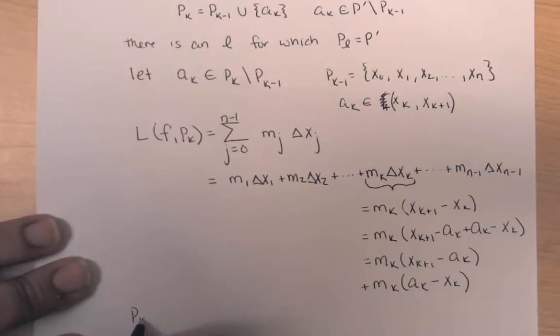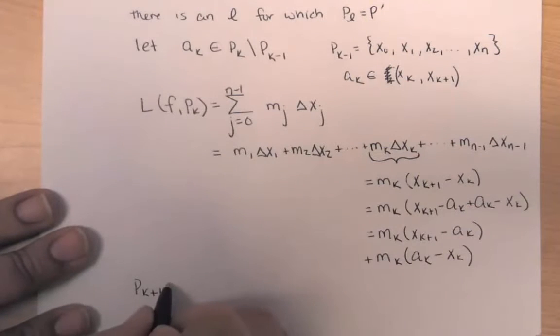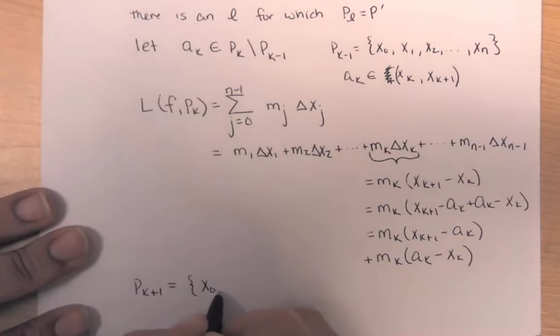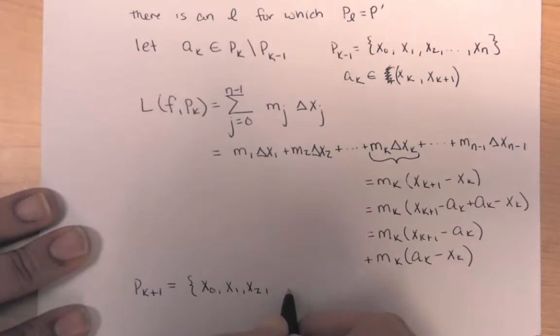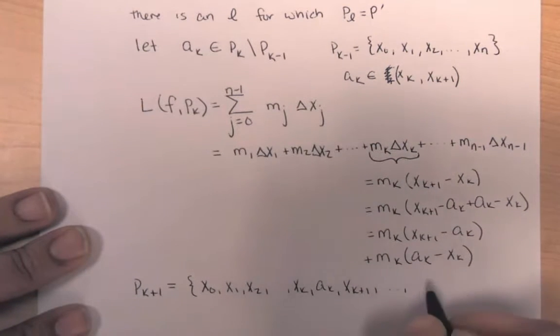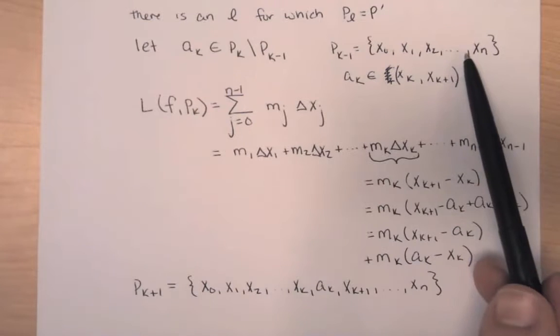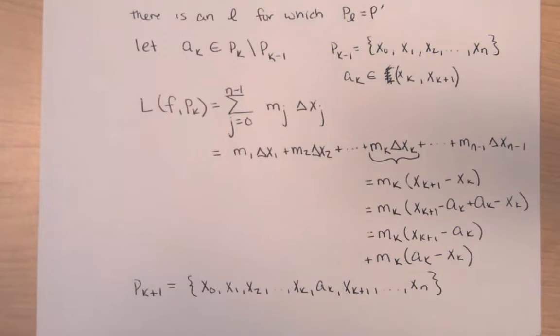So pk plus 1 is x0, x1, x2, xk, ak, xk plus 1, xn. Right, because I essentially just took this partition and added an extra point.